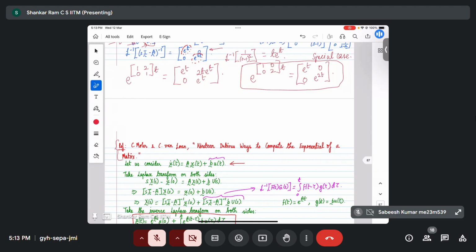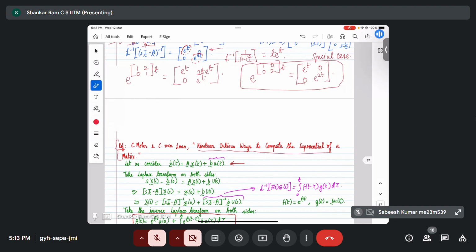This is connected to our course because many of the algorithms have now been coded and used in solving ODEs and so on, which also find application in automotive control because we essentially use the state space representation. So two authors, Moler and Van Loan, wrote a paper long ago.